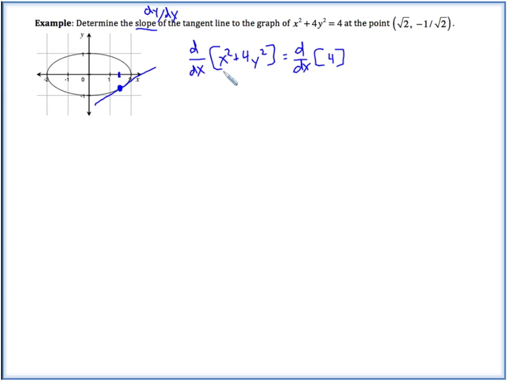And this one's a little bit easier than the last one because there's no product rule in here. Here we're going to get 2x and then 8y dy dx and then equals 0. So we're going to subtract the 2x now.